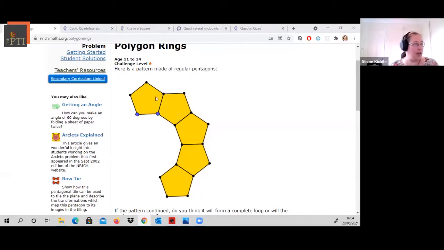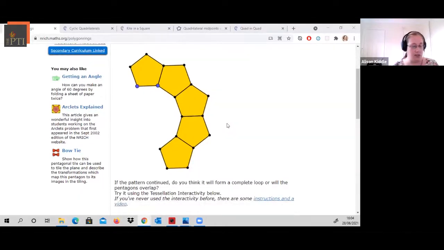Lovely. Okay, well, this is how the problem starts off for the student view of it. So here is a pattern made of regular pentagons, and there are 5 regular pentagons put together. The first problem that students are invited to consider is whether continuing the pattern would form a complete loop, which we're going to call a polygon ring, or whether the pentagons won't fit exactly together and they will overlap.